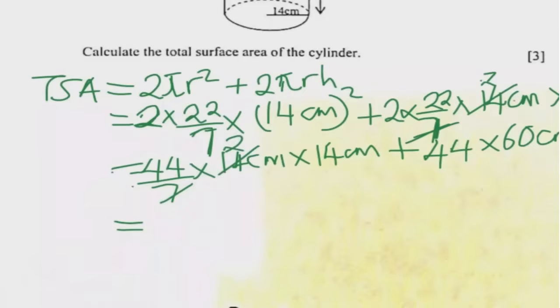So we have something like 44 times 2. Let me multiply first: 44 times 2 will give us 88 centimeter times 14 centimeter, then plus 44 times 60.